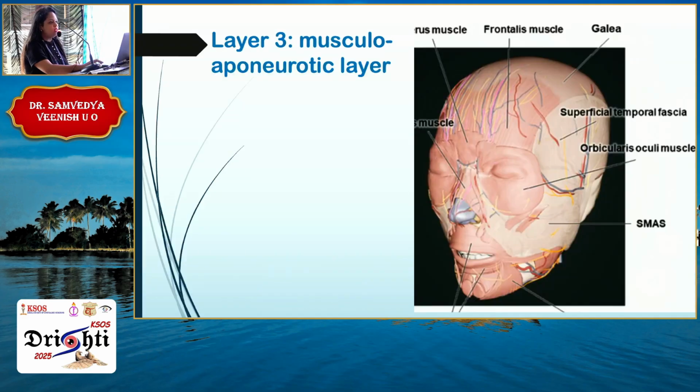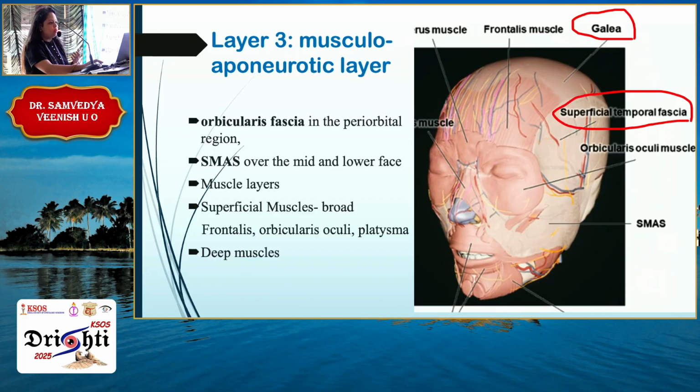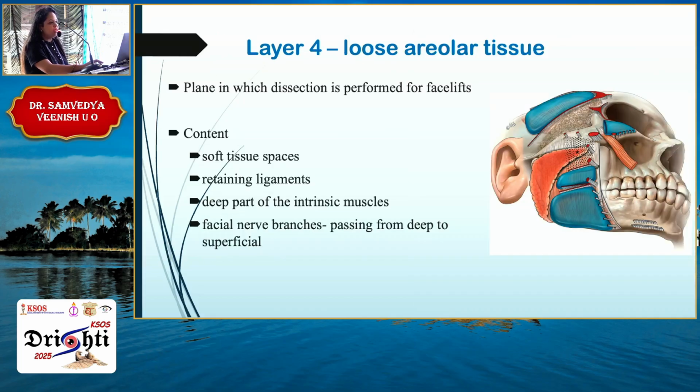The third layer is the musculoaponeurotic layer. It has different names in different regions of the face, such as galea in the scalp, the orbicularis fascia in the periorbital region, and SMAS over the mid and lower face. There are superficial muscles and deep muscles. The fourth layer is the loose areolar tissue, which contains soft tissue spaces, retaining ligaments, deep part of intrinsic muscles, and facial nerve branches.